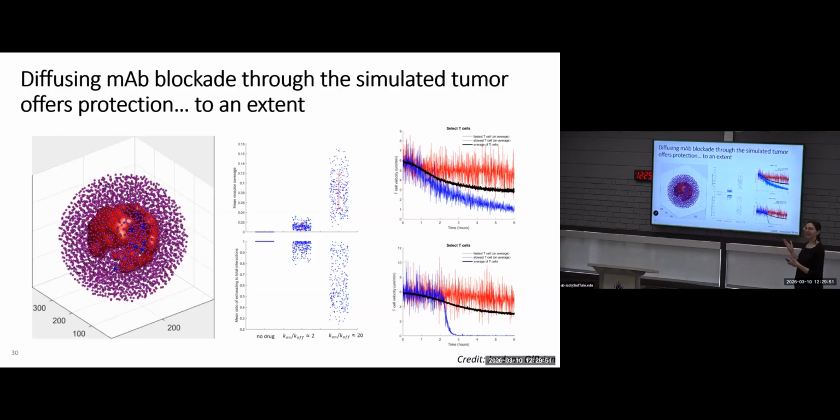However, that's not necessarily the full story. So, drawing your attention to these far right plots, where we're visualizing on average the fastest and slowest T cells in the system, compared to an average T cell in the system.